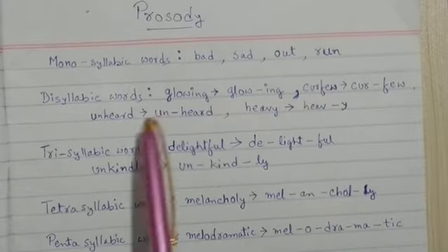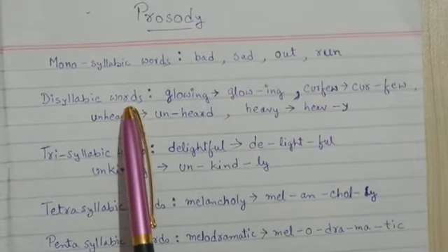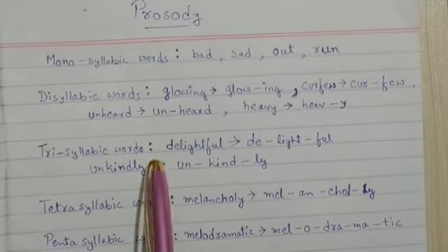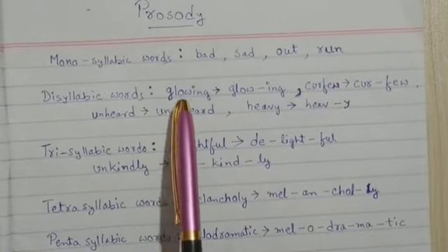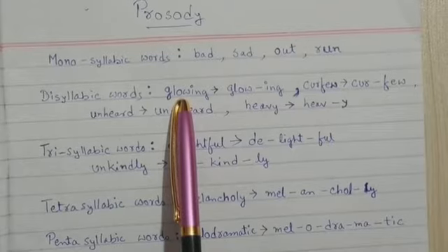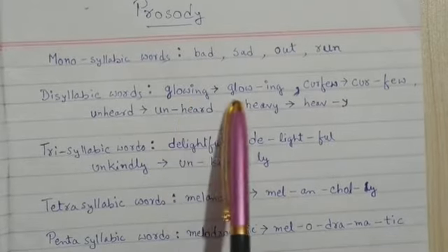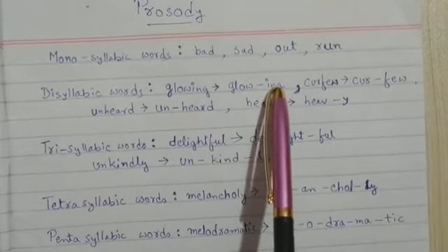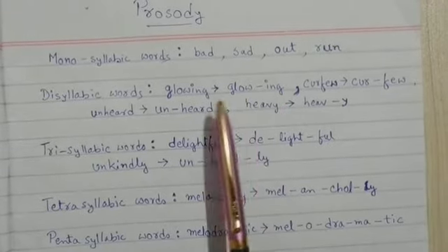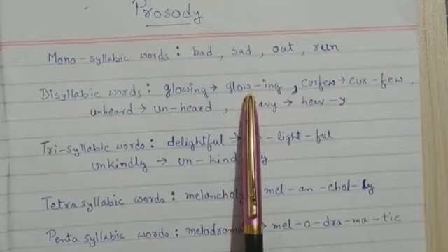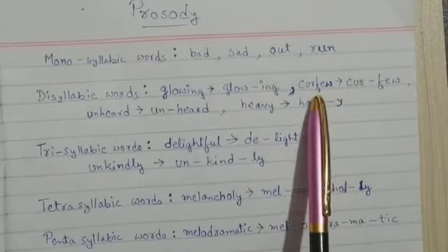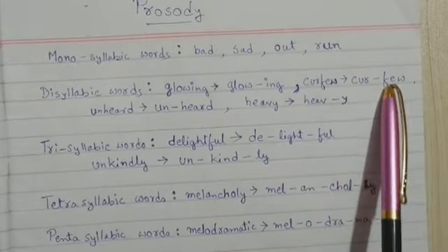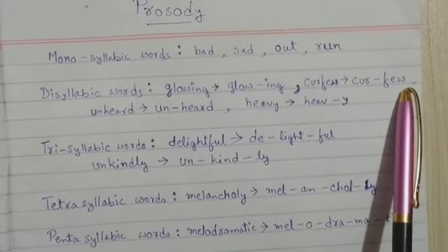Okay, let's move on to disyllabic words. Examples of disyllabic words. Here you will see how the syllables are broken. Clear? Here, glowing. So it is broken here like glow-ing, glowing. Similarly, curfew is broken into cur-few.